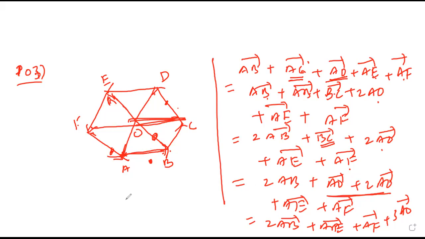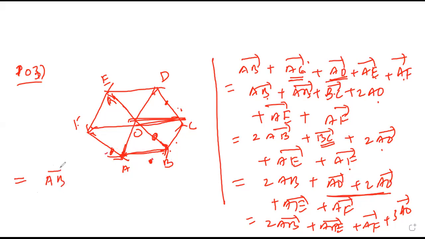Now, I'm left out with 2 AB, 1 AE, and 1 AF. Can you say AE is nothing but BD? Yes. And this is BC plus CD. This equals AO, we got. So AB plus AF will become again AO.